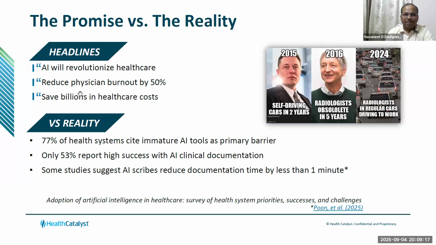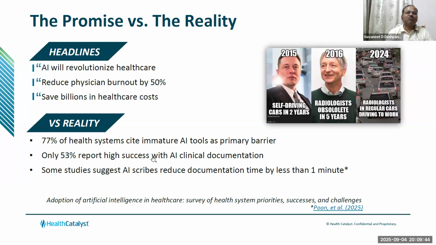But the actual reality is that only 77% of health systems cite immature AI tools as the primary barrier. The AI tools themselves are immature, and they are acting as a barrier, not as something which is going to support in the longer run.